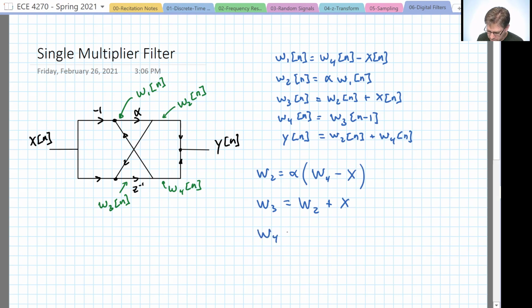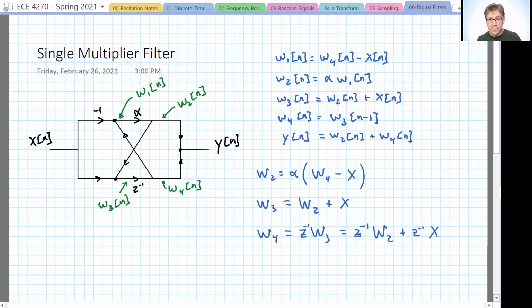Now we can do W4. That would be a delayed version of W3, which is z to the negative 1 W2 plus z to the negative 1 x. And we know that W2 is equal to alpha times W4 minus x.